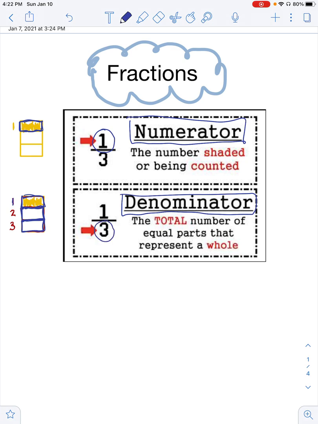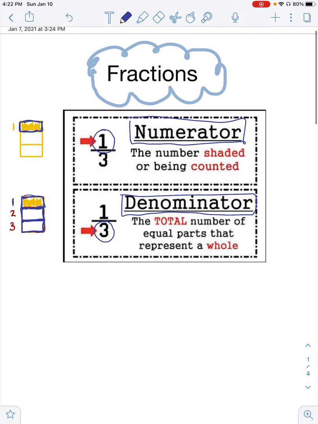And we get that 3 because over here we have 3 total parts that represent the whole shape. So the denominator is the bottom, the total number of equal parts, and the numerator is the top, the number that is shaded or being counted.